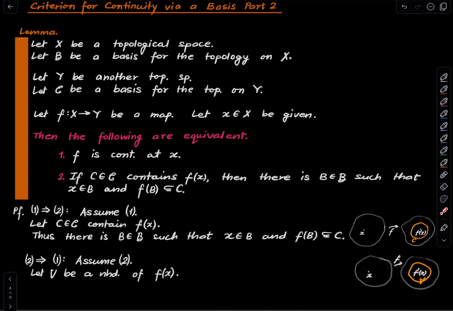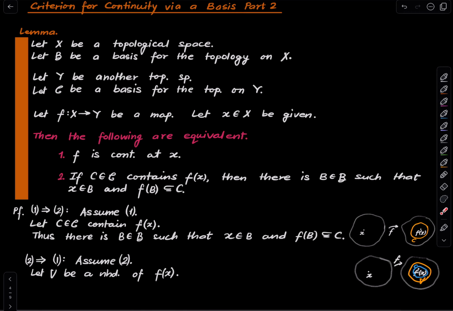Now again, since the topology generated by C is the same as the original topology on Y, V is the union of some of the elements of script C. And therefore, we can locate some element of C which contains fx and which is contained in V. So there is some capital C. The picture is all hodgepodge, but I hope you follow.